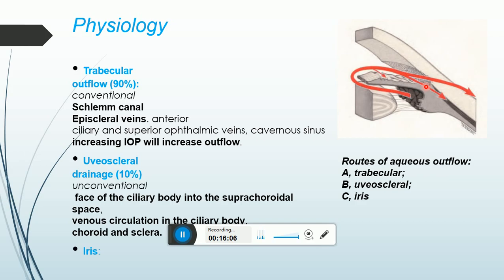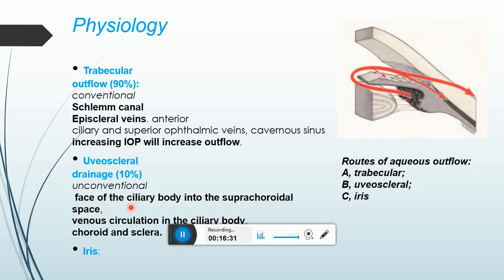This is a bulk flow pressure sensitive route, so that increasing intraocular pressure will increase outflow. The episcleral veins are connected to anterior ciliary and superior ophthalmic veins, and then to the cavernous sinus. Uveoscleral drainage is 10%.